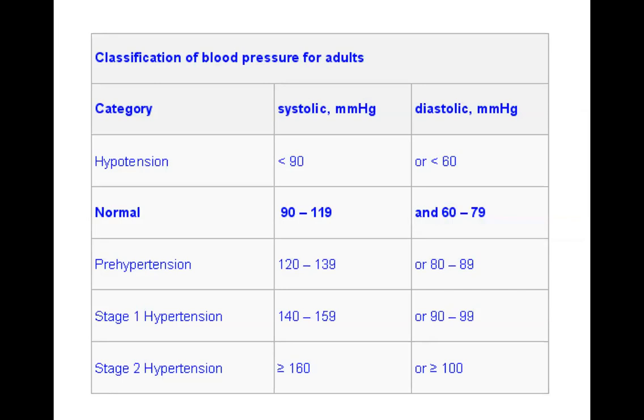You know, there's a little bit of variation to this. So I always say to my patients, I want your blood pressure under 140 systolic, okay, and I want your blood pressure under 90 diastolic, okay? So those are my goals.